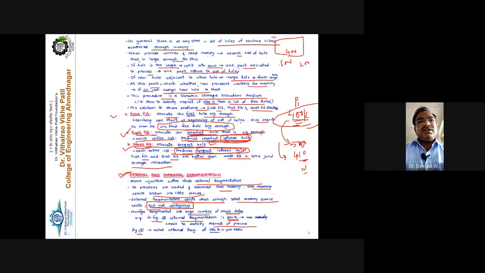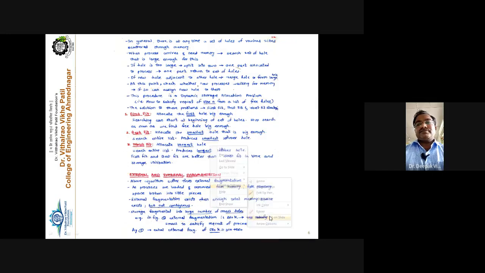In figure C, the total external fragmentation is one hole of size 300K and another hole of size 260K. So the total is 560K, but the demand of the process is 500K. Still you cannot allocate the 500K process to this 560K, because it is not in a contiguous format, it is not in a single block, right?